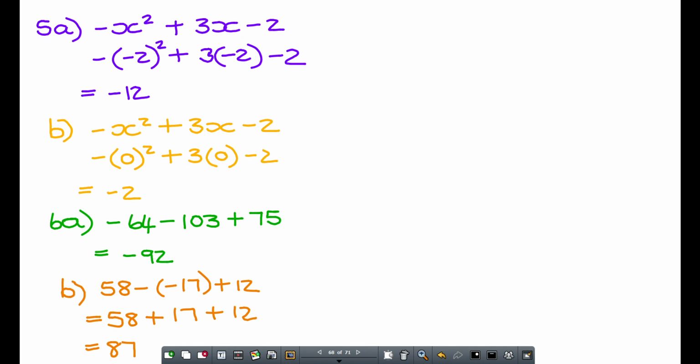At number 5, we just had to substitute in. Please remember to put brackets around when we substitute in. Okay, if you don't put brackets around, you are going to get it wrong. You're going to get a completely different answer. Was that what happened? Yeah. So remember about brackets there, people.